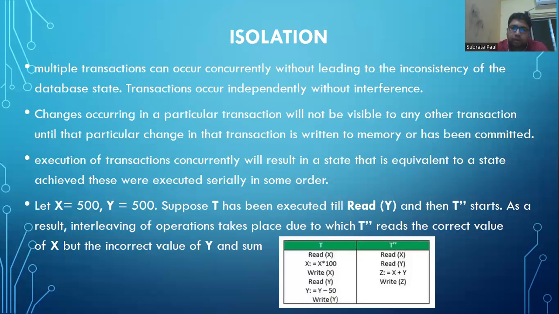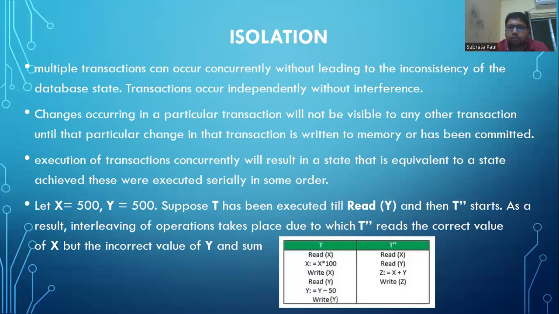Why will it be incorrect? Because the transaction for Y has not yet occurred when T dash has started. Therefore, it will receive an incorrect value of Y and it will get an incorrect sum. How to improve this? T dash should wait till both the values of X and Y are written. Only then, when T dash starts, can it get the accurate values of X and Y.